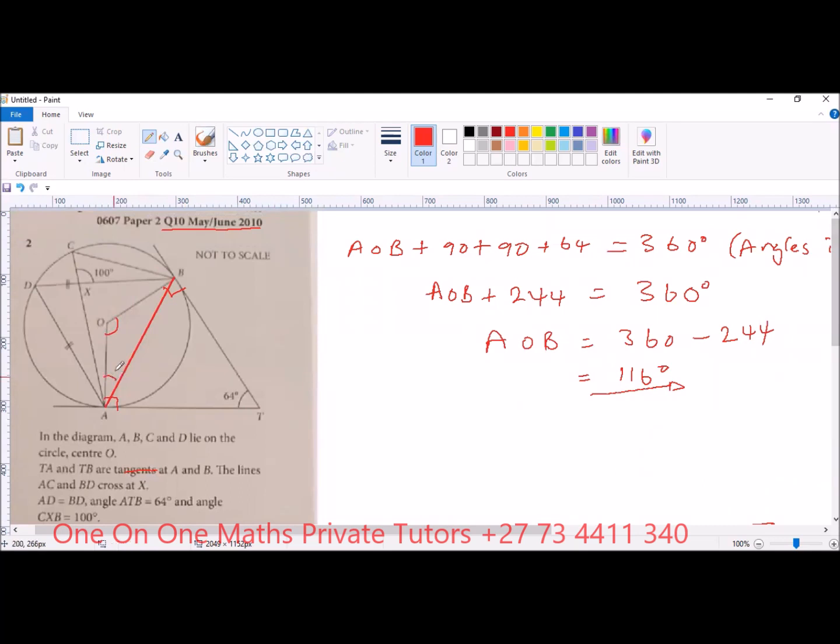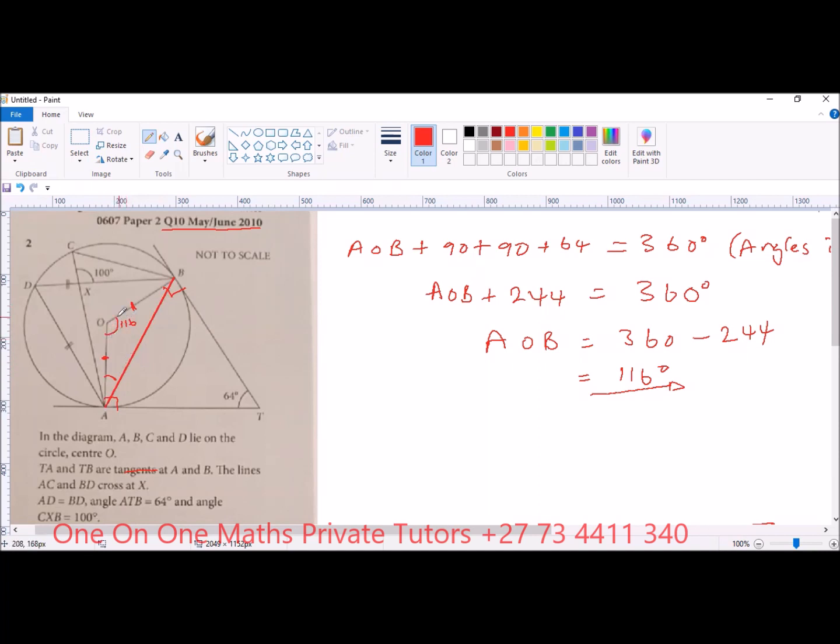OAB is this angle. We are given that this is 116. First, we have to note that this is the centre. OB is a radius. OA is also a radius. So they are equal.